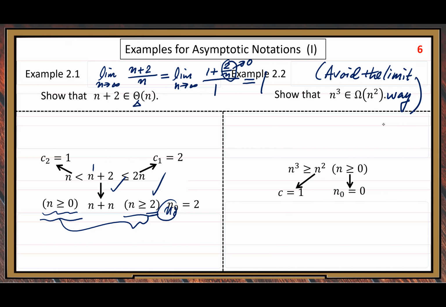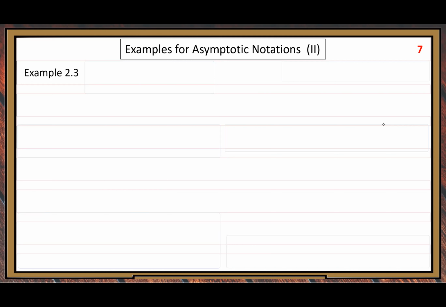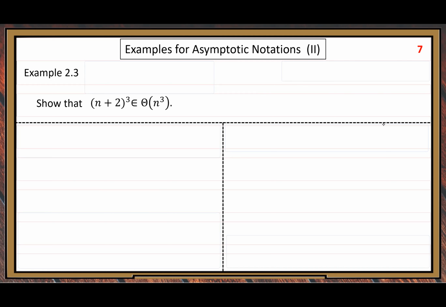All right. The last example of today. Sorry, I have about 5 minutes. Let me finish it. Last example. This time, n plus 2 cubed belongs to big theta of n cubed.